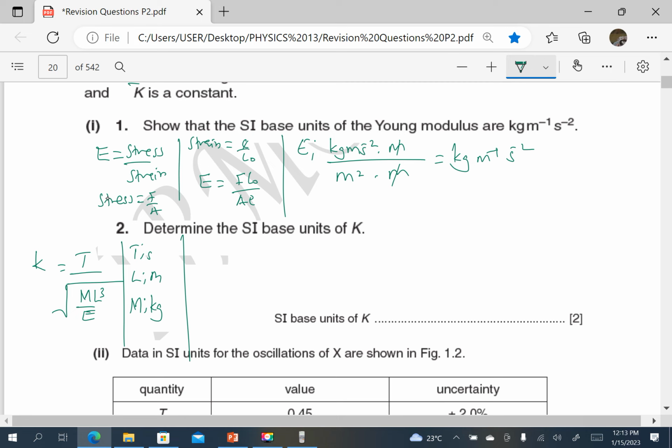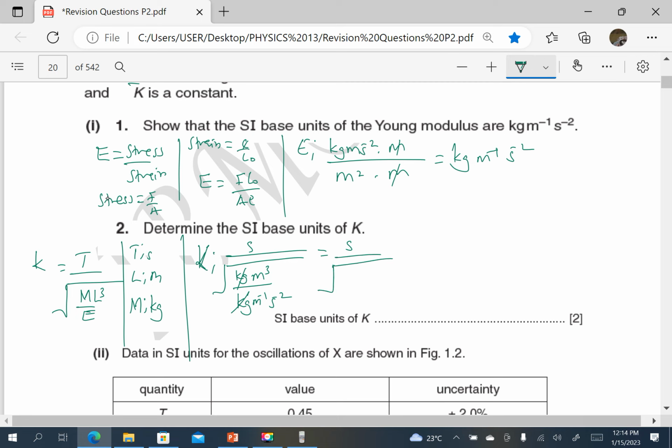So it means the base units of K are going to be seconds divided by the square root of kilogram, then times meters cubed divided by kilogram per meter per second squared. Of course, kilogram has cancelled. This is seconds divided by m power 3 over m.